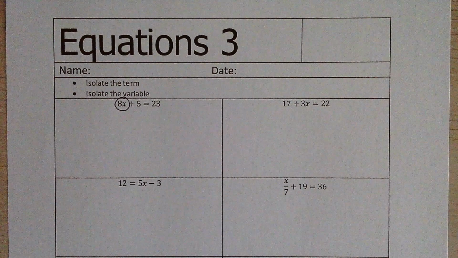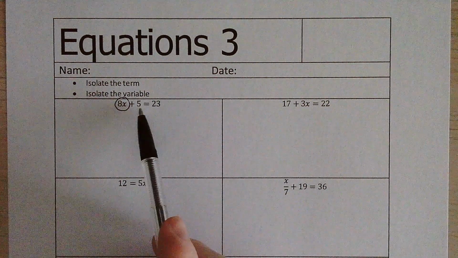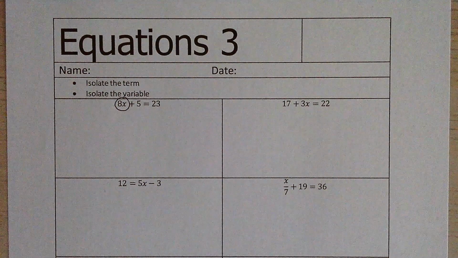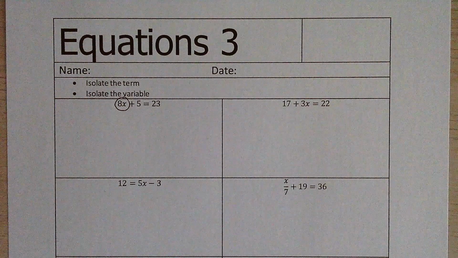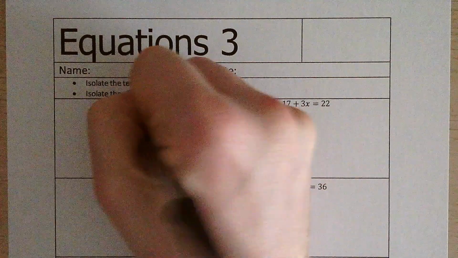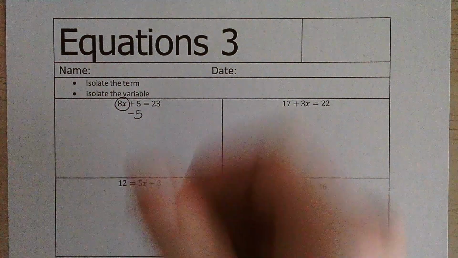To isolate 8x, I need to look at what else is on that side of the equation. I have plus 5. I need to do the opposite operation to plus 5, which is subtracting 5. And because we're dealing with an equation, we need to do the same to both sides.